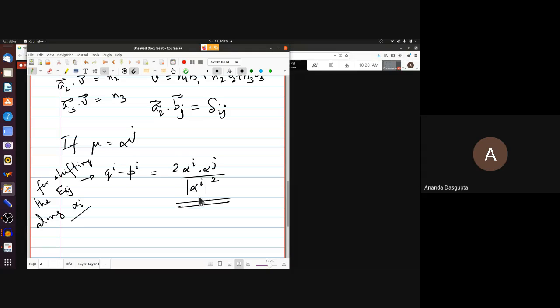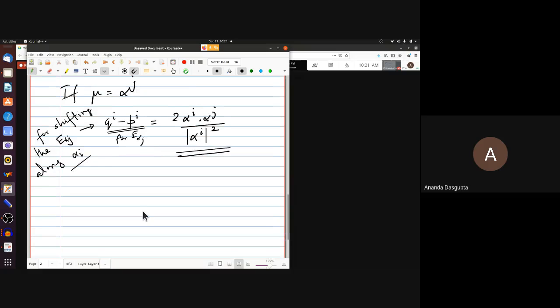So given this, you should see that when I've written Qi minus Pi here, this is Qi minus Pi for E alpha j. Of course, that means this depends on both indices i and j. That's clear from the right hand side. And this is what you can easily use to define an object with two indices, which of course is a matrix.